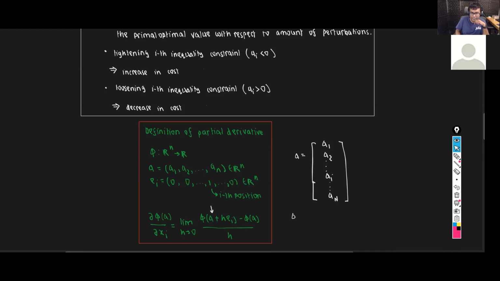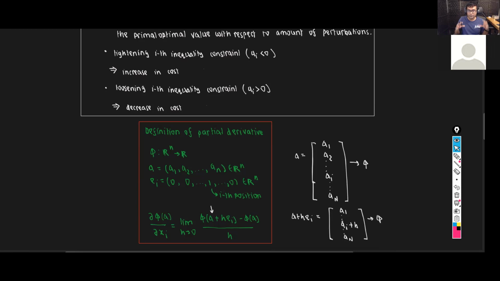What does A plus h ei mean? A plus h ei means that every element stays the same, except the ith element, to which we are adding h. Everything else stays the same. We evaluate phi at that point, and we also evaluate phi at A. Then we subtract to see how much the value changed.